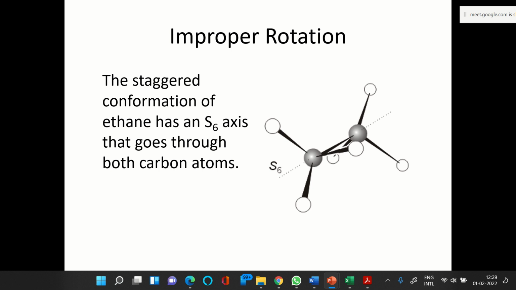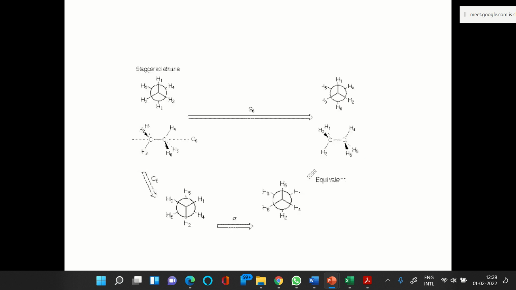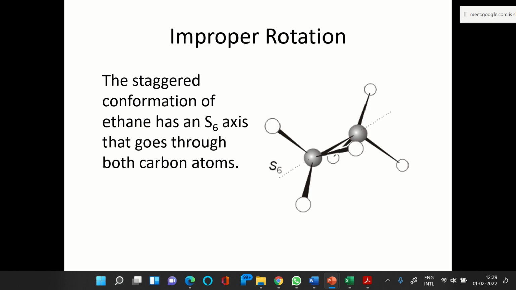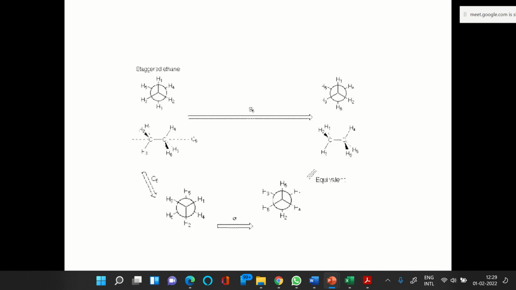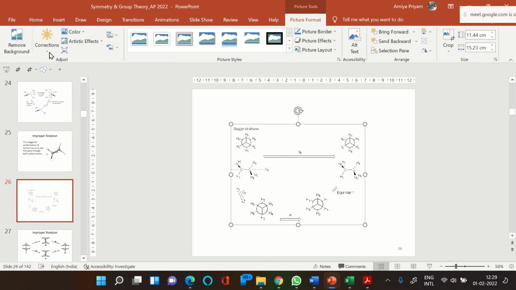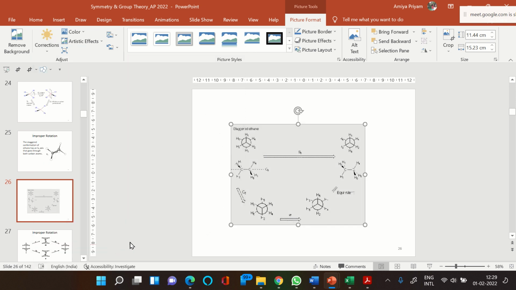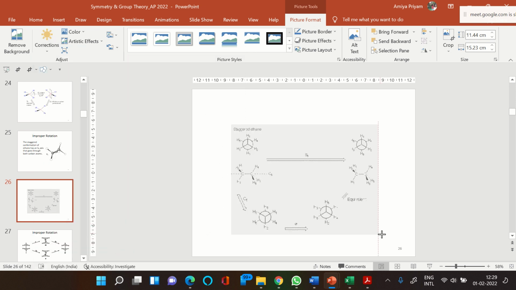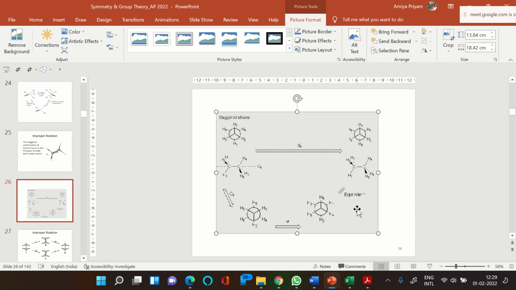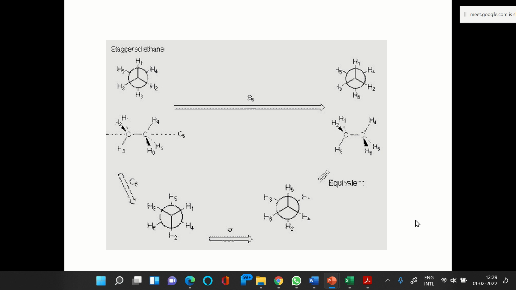So you can visualize this as taking place in this manner. You can write staggered ethane.